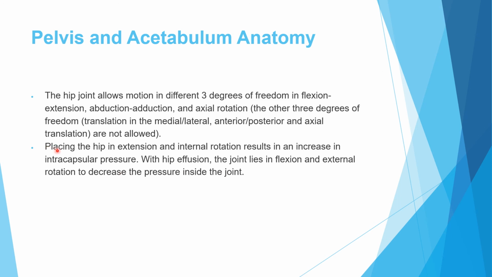The maximum pressure in the hip is extension, internal rotation. If there is an effusion, which happens in most pathologies, the patient will be put in flexion, external rotation to decrease the pressure inside the joint. And that's why when you examine people with chronic hip pathology, you will find in most cases they have flexion contracture and external rotation contracture.